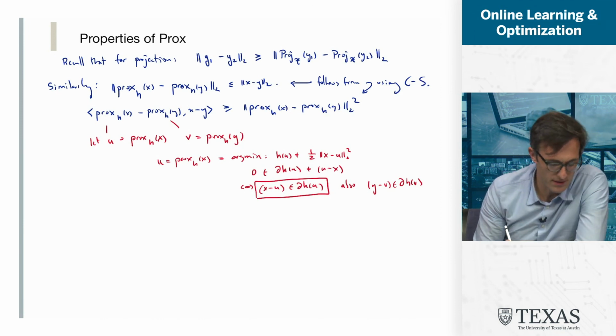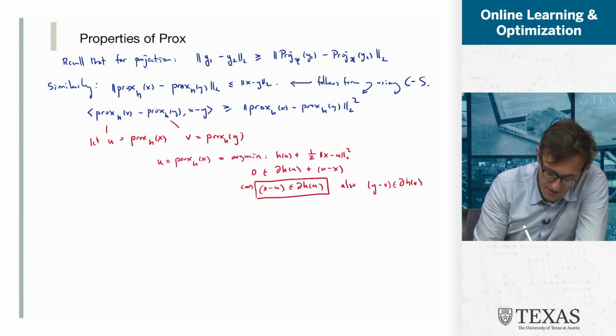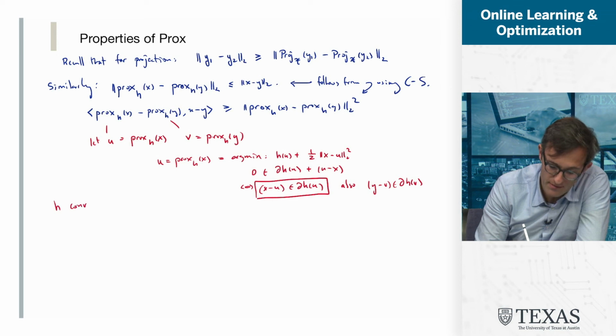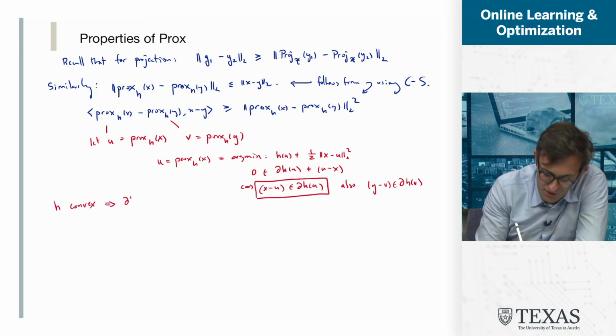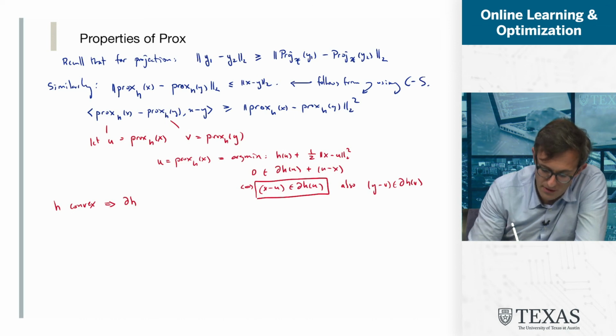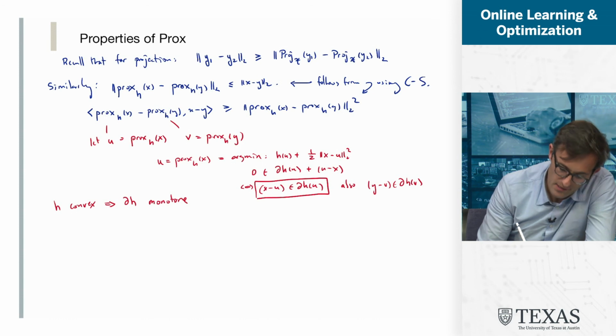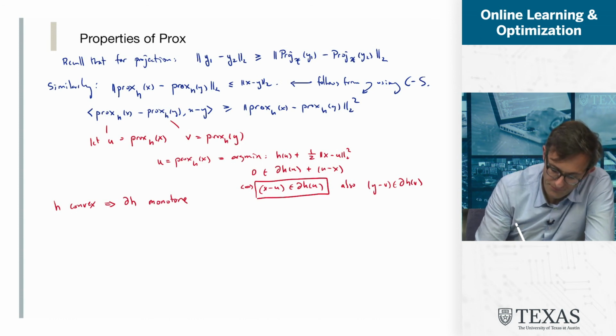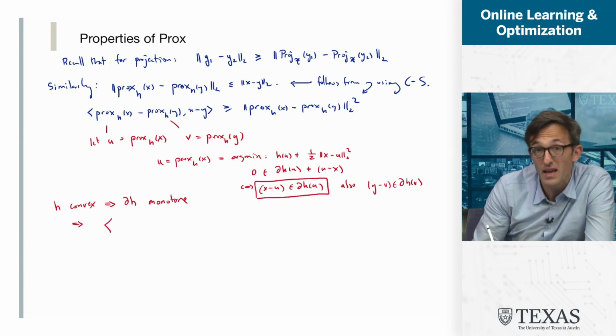Okay, so let's see what we can use from here. Now, h is convex by assumption. And in particular, this means that its subdifferential is monotone. So remember what this means. This implies that any element of the subdifferential of h at u, what element am I going to choose?